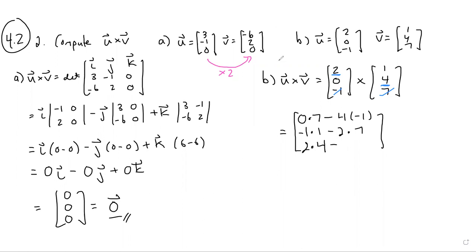And then minus the other pair, 0 times -1. Sorry, 0 times +1. And so what I should get from that is 0 plus 4, -1 minus 14, and 8 minus 0. And so we get 4, -15, and 8.